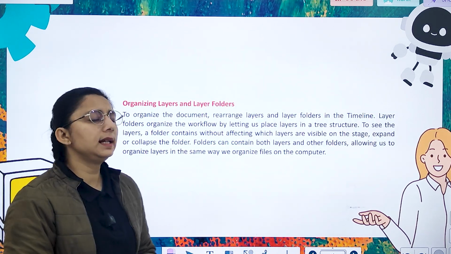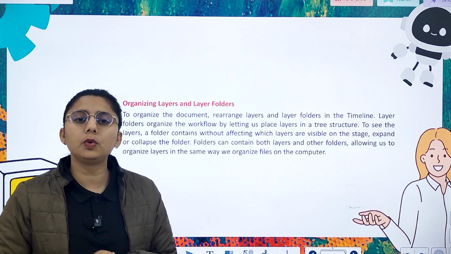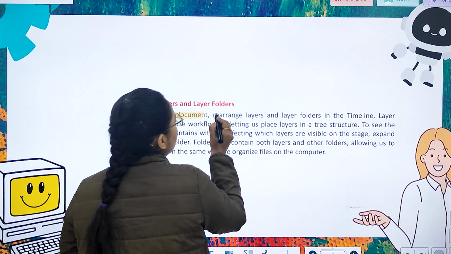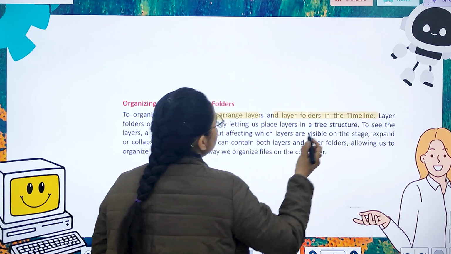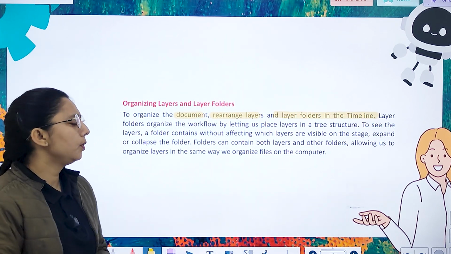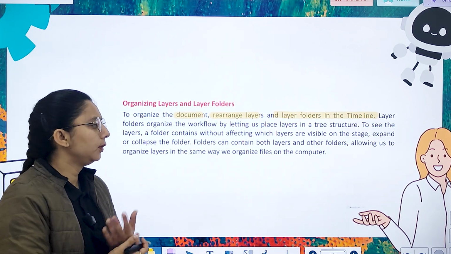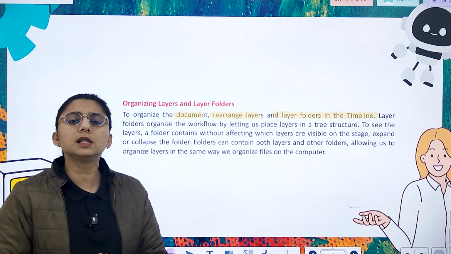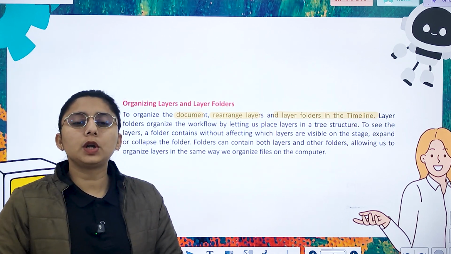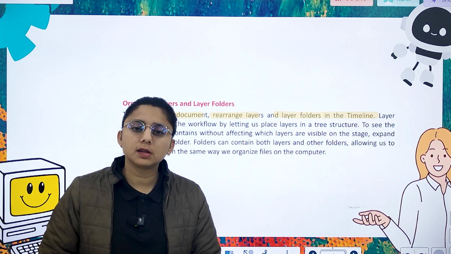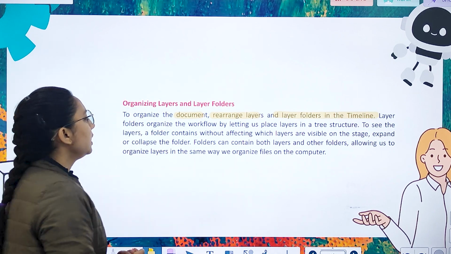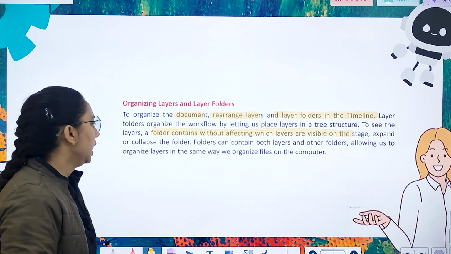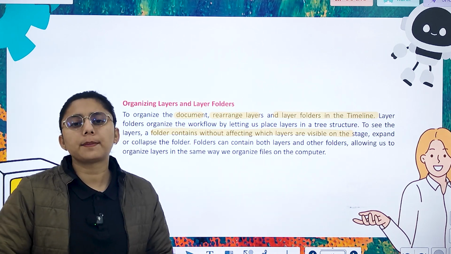Next is organizing layers and layer folders. If you want to organize layers and layer folders, rearrange the layer folders in the timeline. Layer folders organize the workflow by letting us place layers in a tree structure. To see what the layer folder contains without affecting the layers visible on the stage, expand or collapse the folder.